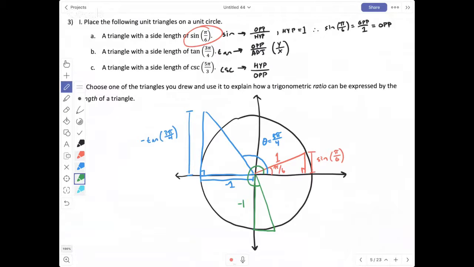And the hypotenuse, therefore, is the cosecant of 5 pi over 3. And again, that's a right triangle.